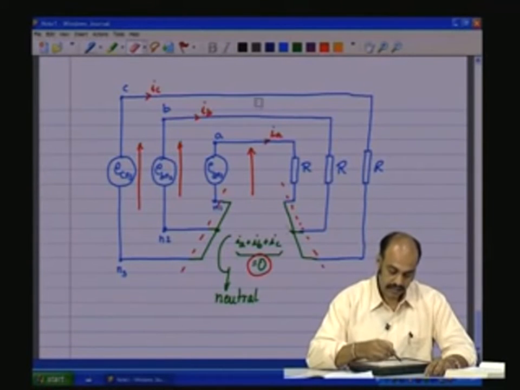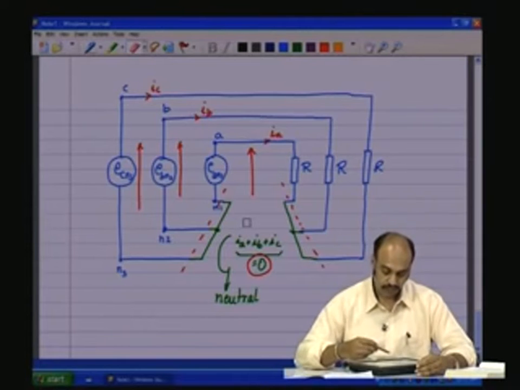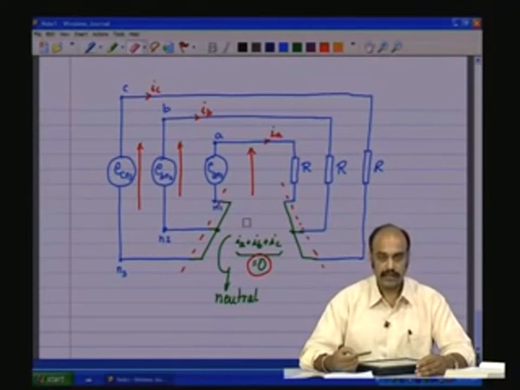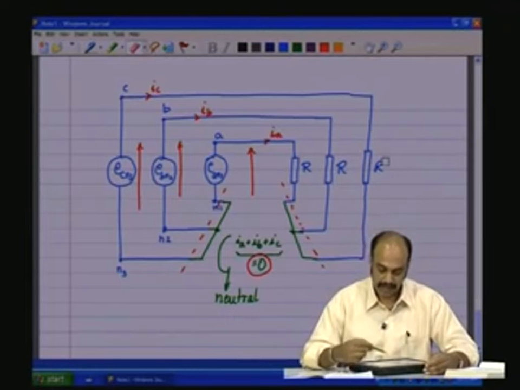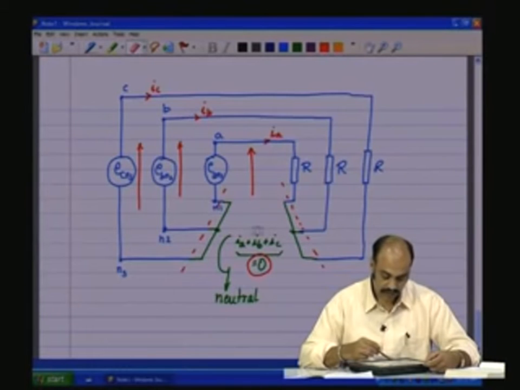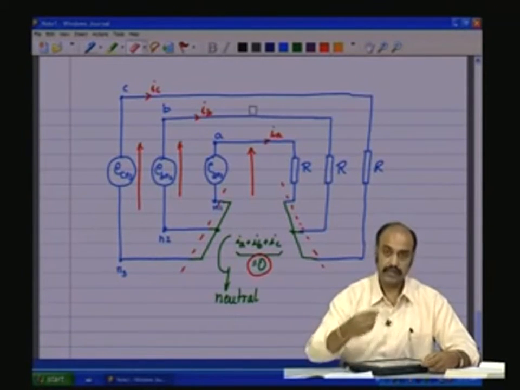You see, a 6-wire system became a 4-wire system, and from the 4-wire system, because of the applied constraints and loads being balanced and equal, you have IA plus IB plus IC equal to 0 at every instant of time. So, it is equivalent to having no wire here, and you can just make it into a simple 3-wire system.